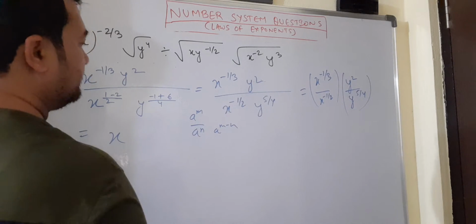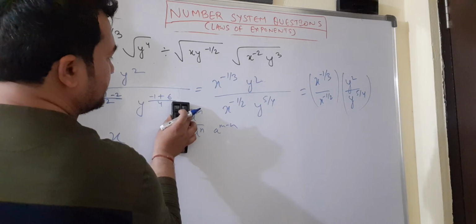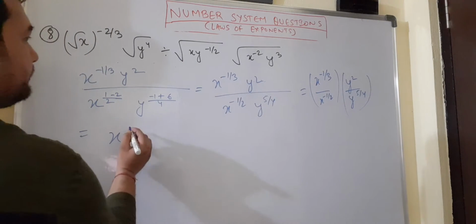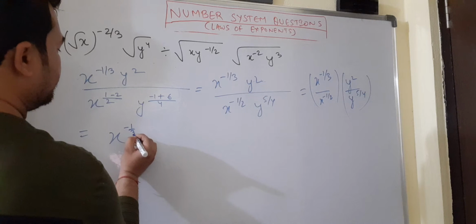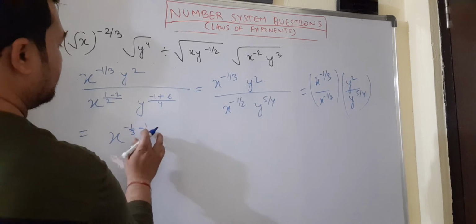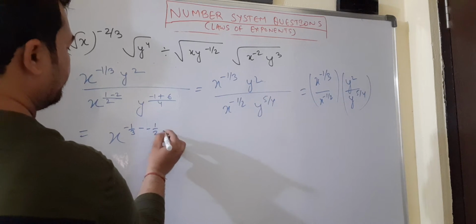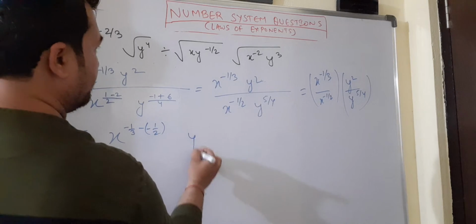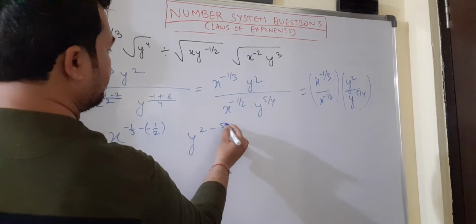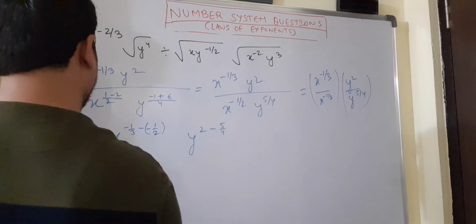The powers are subtracted. Minus 1 by 3 minus 1 by 2, and y 2 minus 5 by 4.